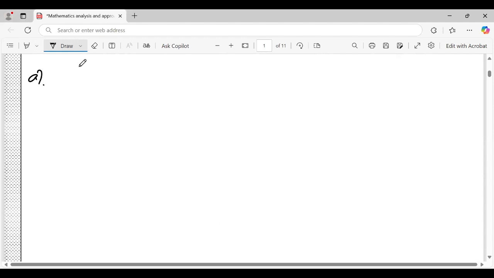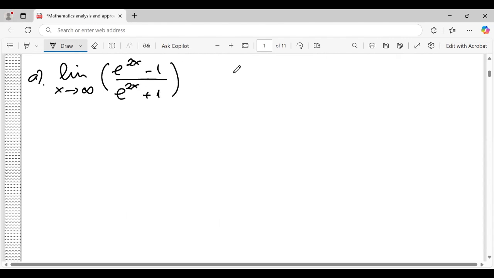According to L'Hopital's rule, the limit as x approaches infinity of e^(2x) minus 1 over e^(2x) plus 1. Based on L'Hopital's rule, we are going to find the derivative of the numerator and the derivative of the denominator, right?